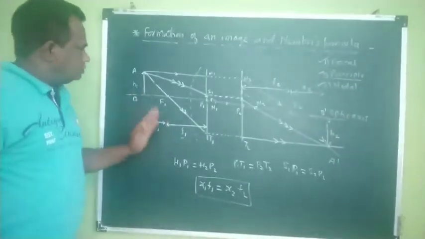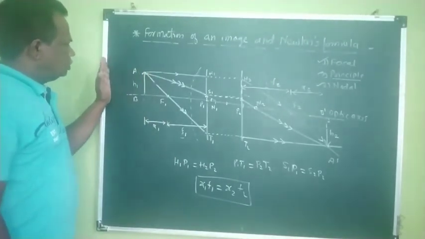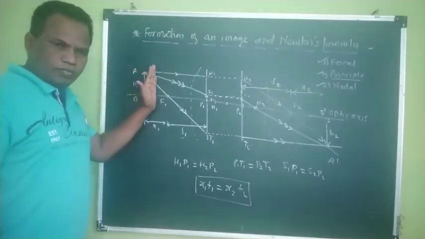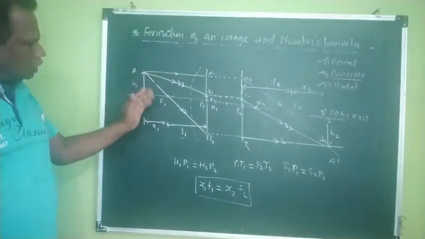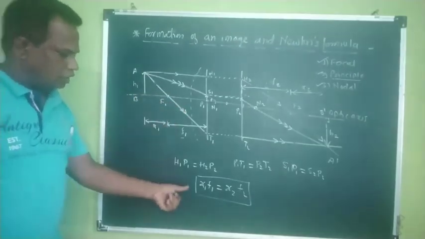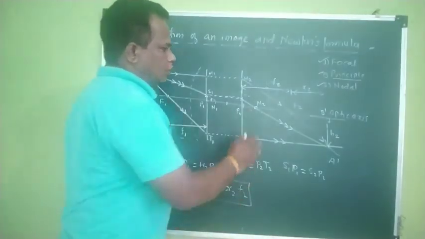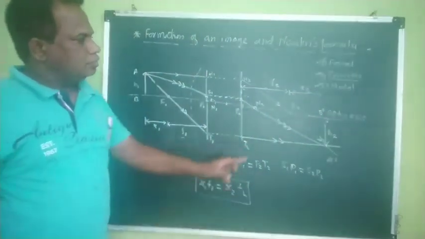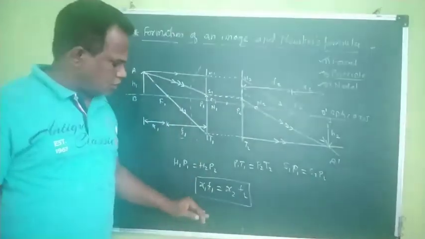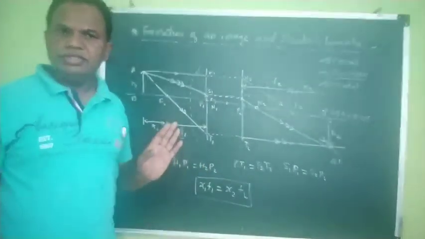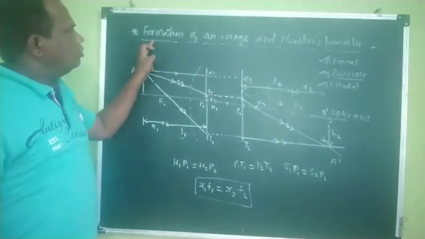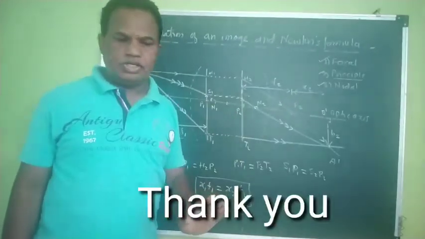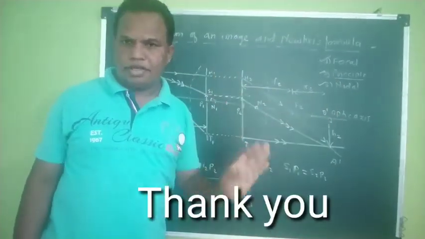Newton's formula tells that whether you put the object away from the focal point or nearer to the focal point, its distance times the focal length must be equal to the product of the focal length and the distance of the image from that focal point. This is nothing but the formation of an image and Newton's formula by using cardinal points. Okay, thank you.